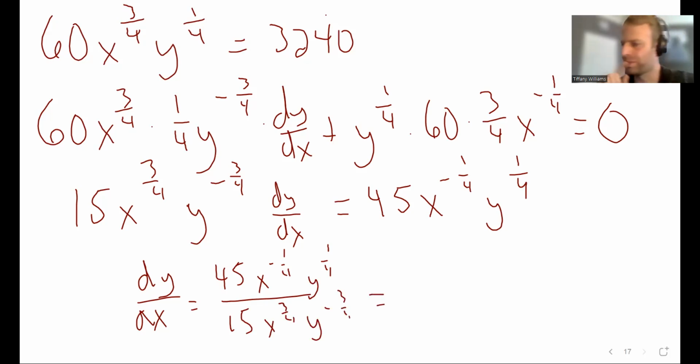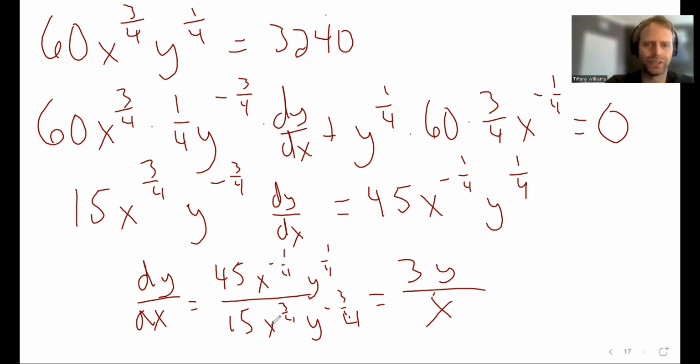Then I'm going to simplify this. 45 over 15 gives me 3. Keep that on top. Then x to the negative 1/4 over x to the 3/4 would give me x to the negative 1 if I subtracted the exponents, which means I've got x on the bottom. And then y to the 1/4 over y to the negative 3/4: 1/4 minus negative 3/4 gives y to the first, so the y would be on top. So I've got 3y over x.